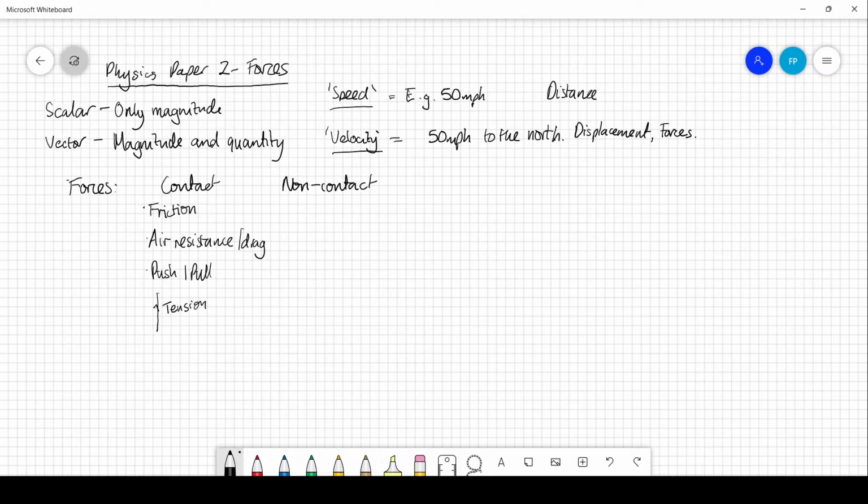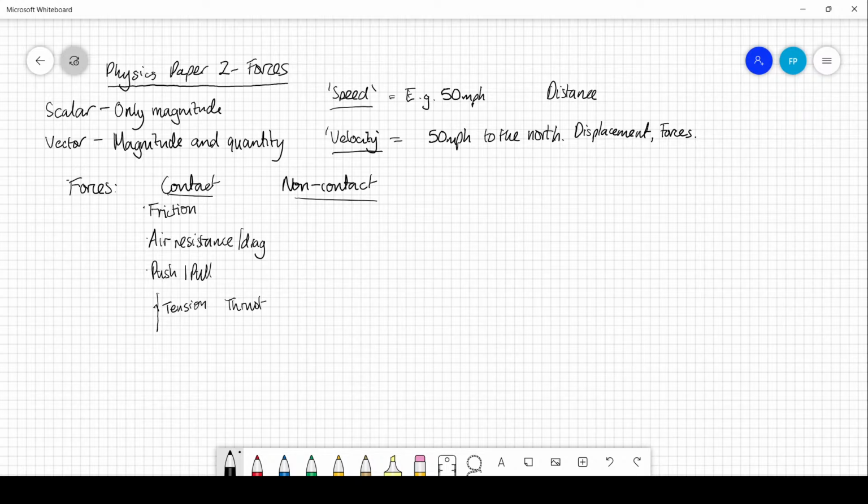and then thrust as well. Non-contact forces, as the name suggests, do not need objects to be touching each other, and these often use or involve fields of some kind.